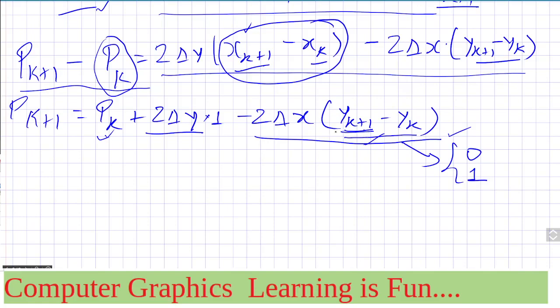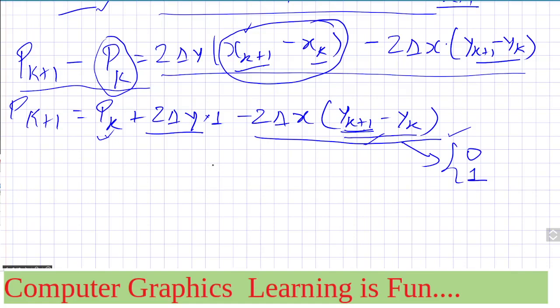So now you will have to do this by increasing the value of x by 1. You will have to repeat this every time. Every time the x is increasing, only the y value you have to decide.